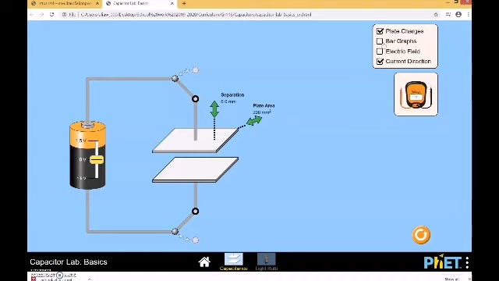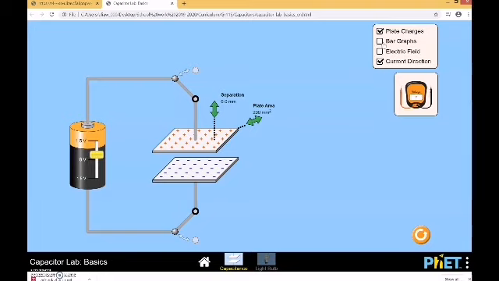Once this plate is connected to the positive terminal, the positive terminal will attract some of the negative electrons, because the electrons in the metals are free to move. Instead, the positive charges exist in the nucleus, and therefore their motion is very hard. It's very easy to move the electrons instead.